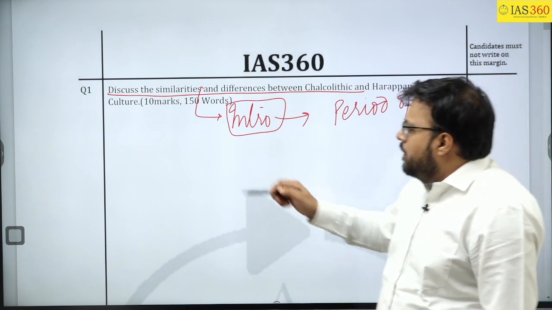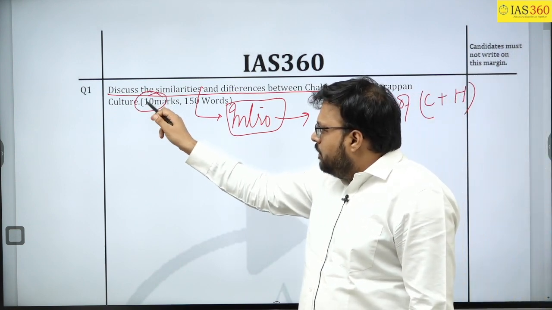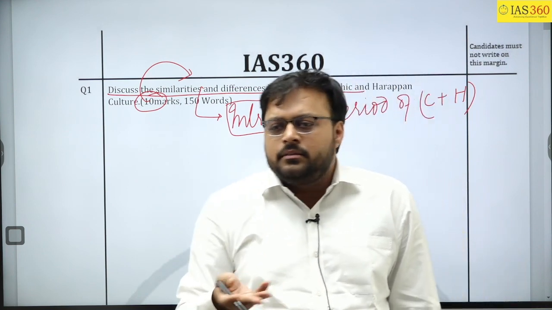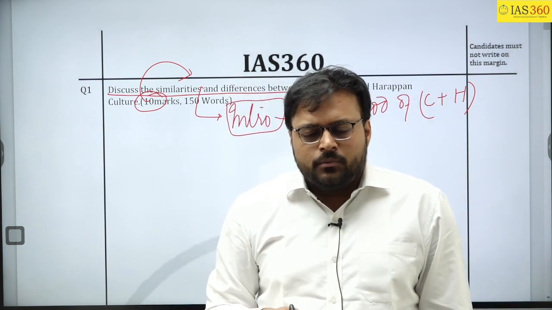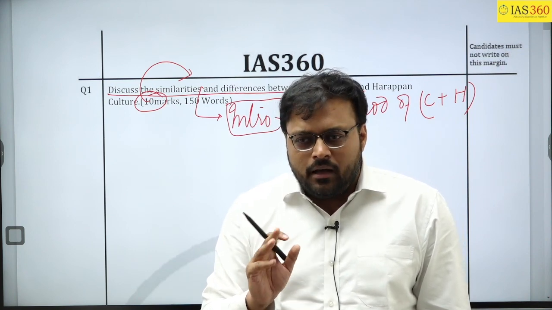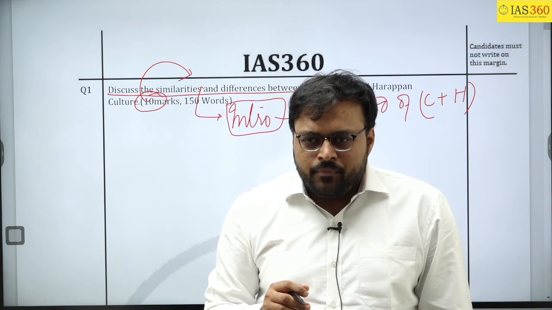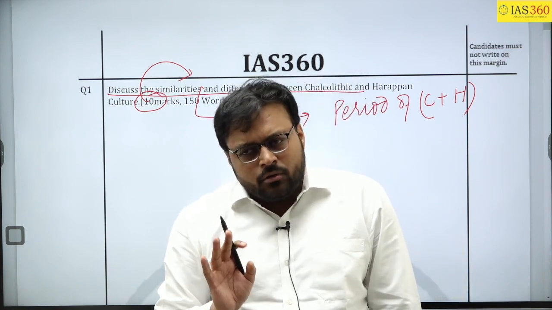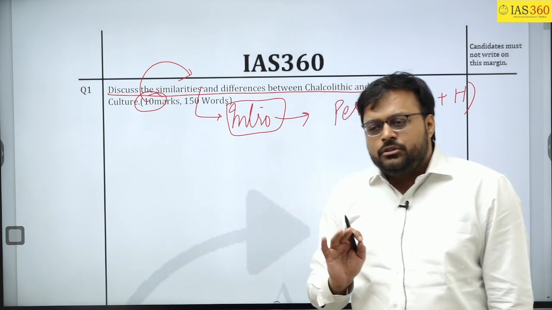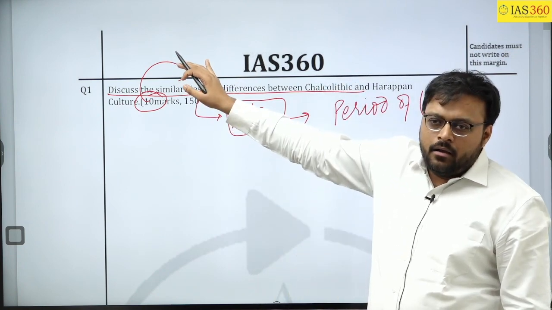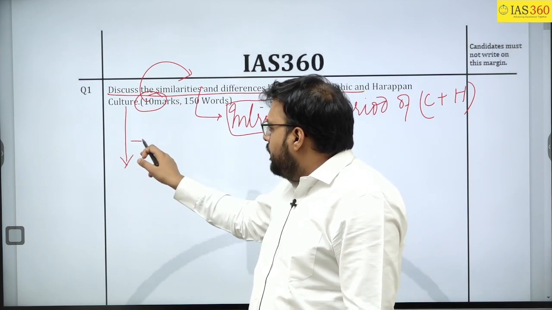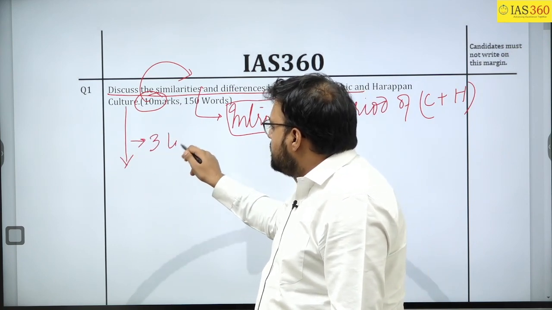It is a 10 marker question, so you don't need to focus more on the relation between the Harappan and the Chalcolithic. Most students tried to establish the link between them. That is also fine, but it is more appropriate if the question is asked in 15 marks, because in a 10 marker you introduce in 3 lines maximum.